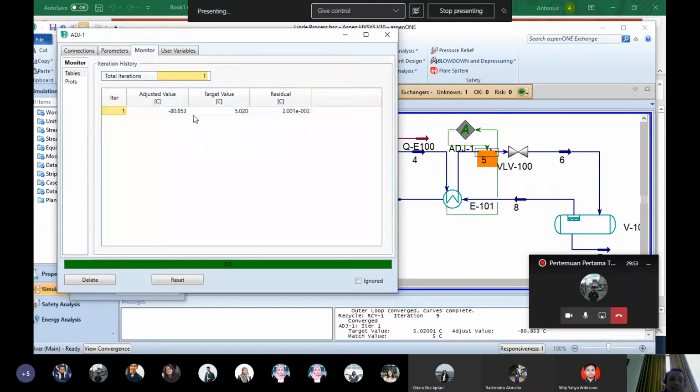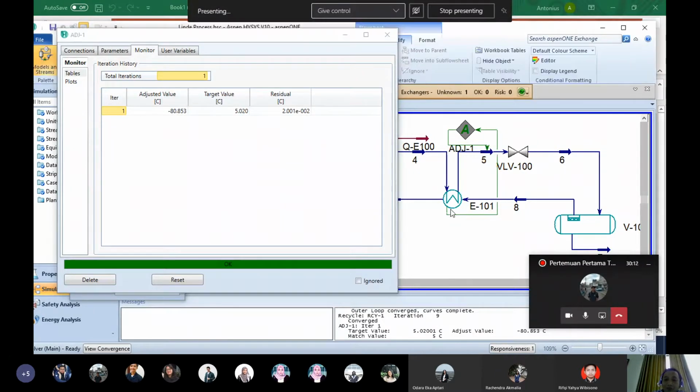Actually, one iteration is enough to find the correct value of the minimum approach of heat exchanger E101, where the targeted minimum approach is around 5 degrees.